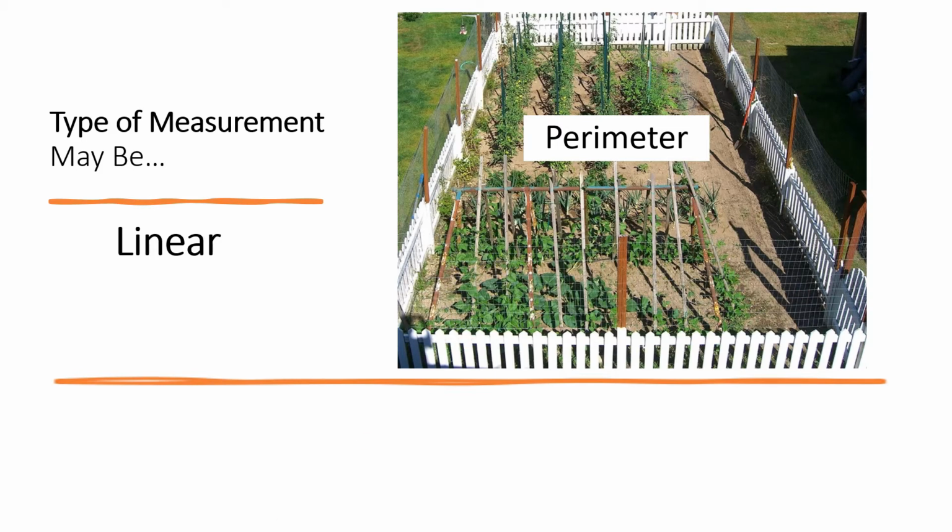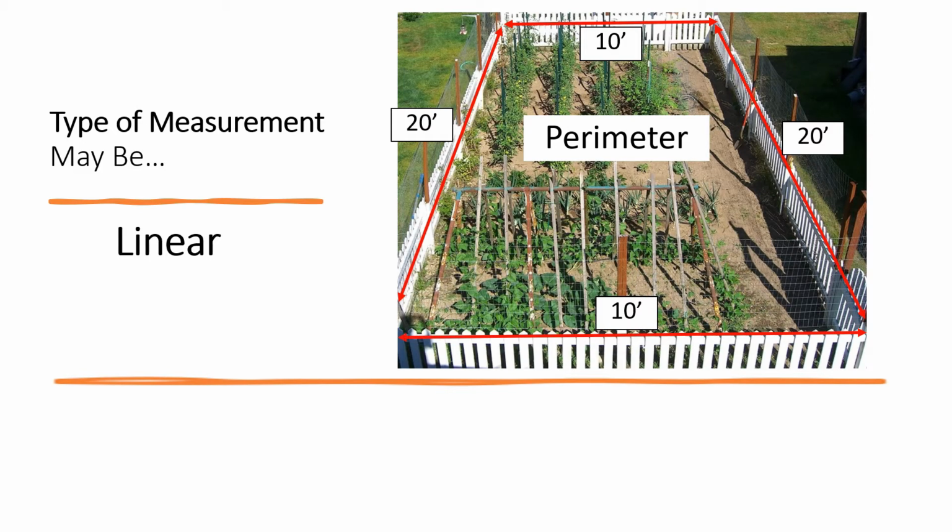That's the perimeter. So you would measure each side: 20, 10, 20, 10, and you'd add it together. It's still linear because your measurement's in a straight line.